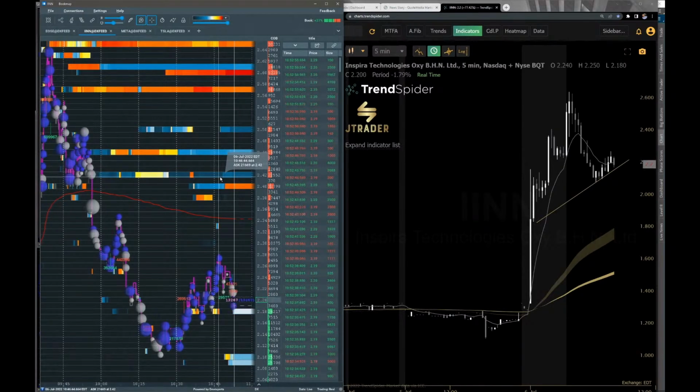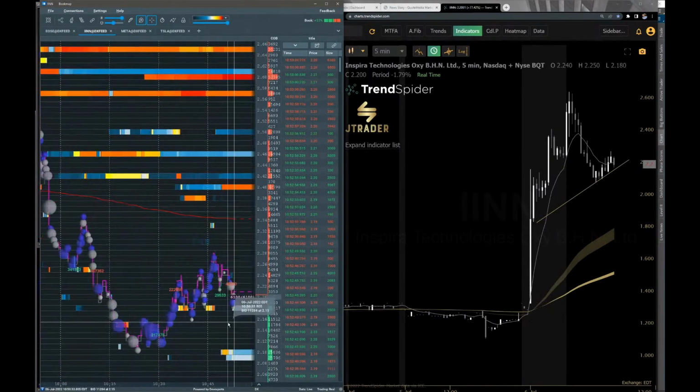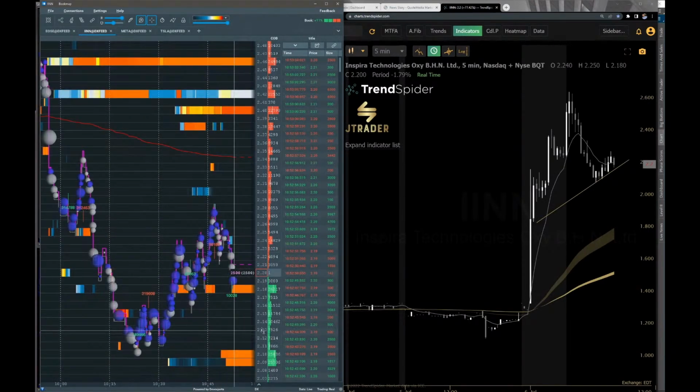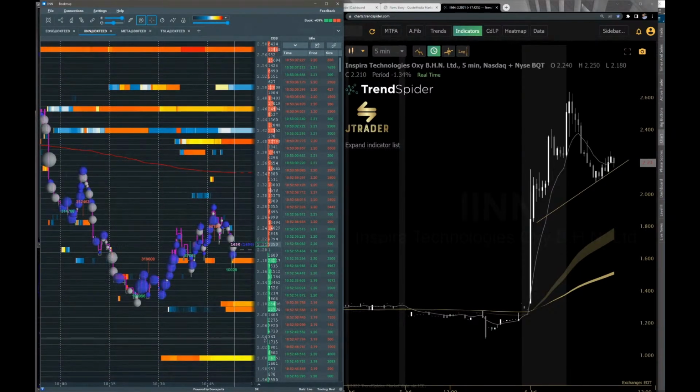Some support at 218. You can see some liquidity at 218, 216, 214, until 210. And don't fight the trend over here. This is not a long. We're still below the VWAP.